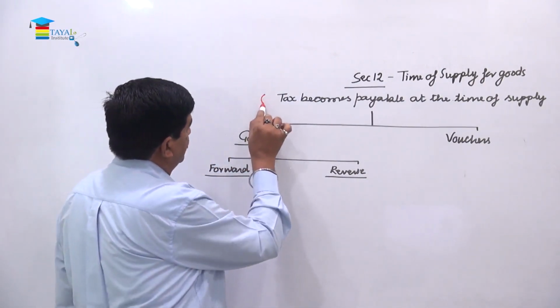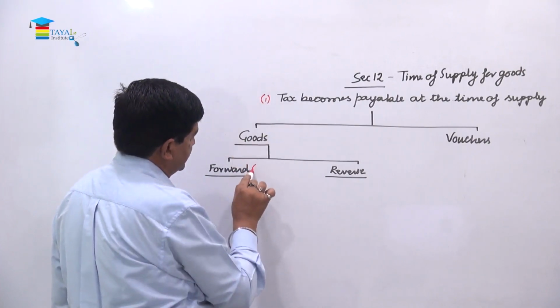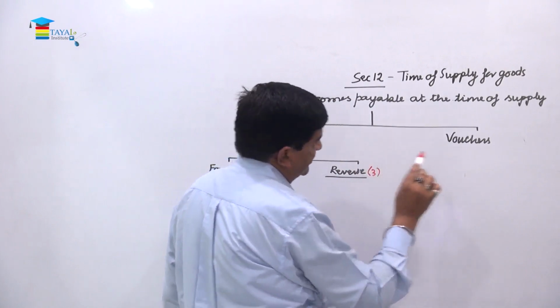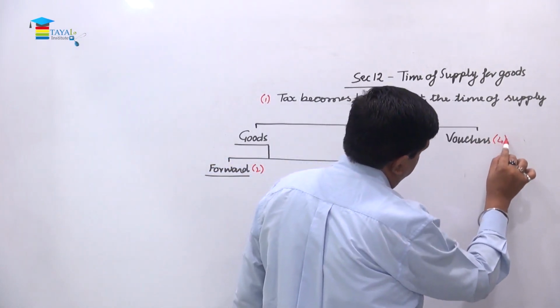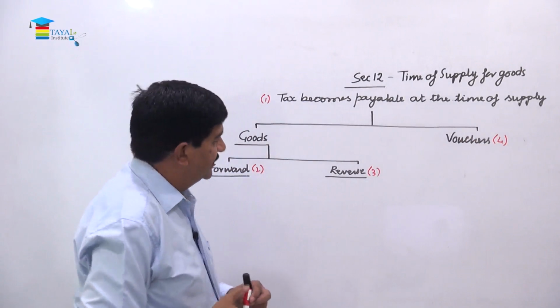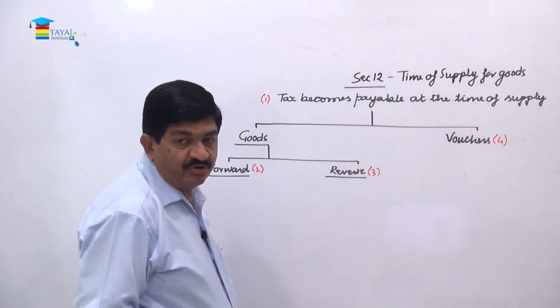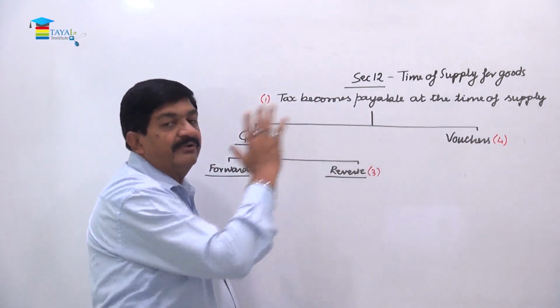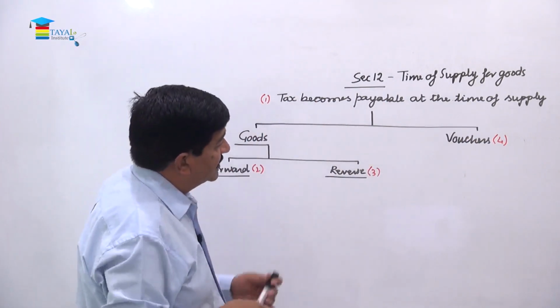This is subsection 1, this is subsection 2, this is subsection 3, this is subsection 4. Okay, so this way you have complete structure of section 12. I'll start with the vouchers, so you have little extra time to write on about that.